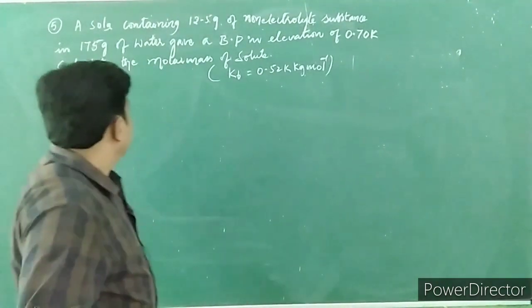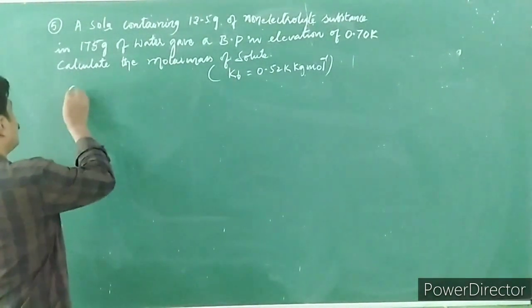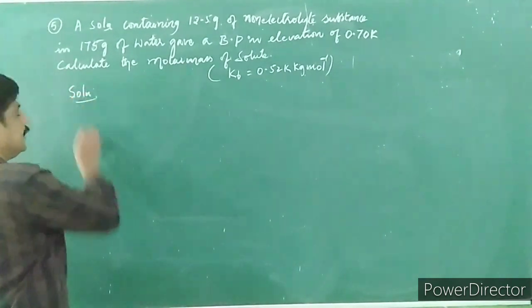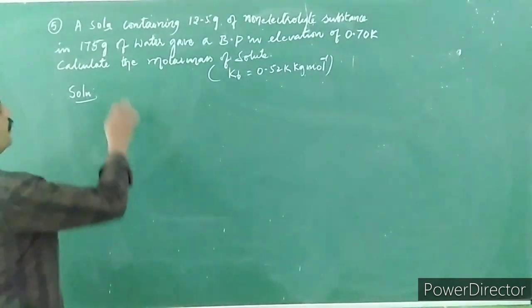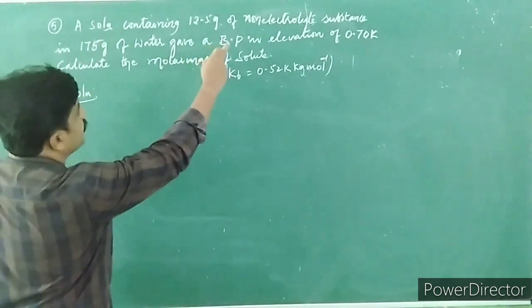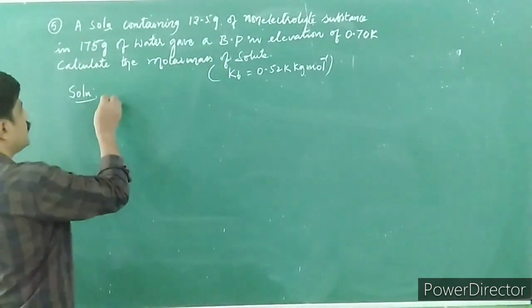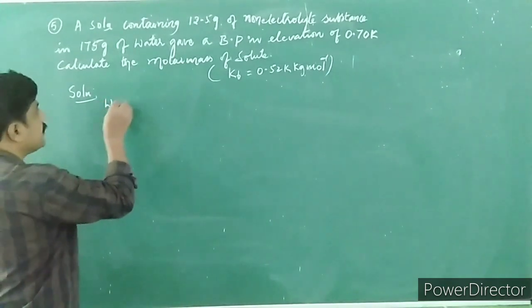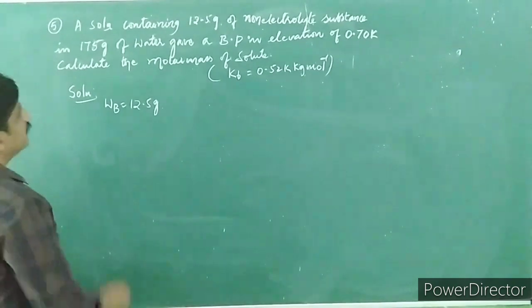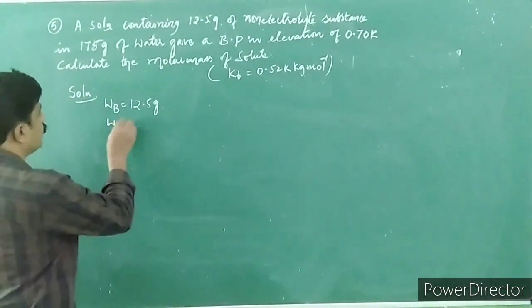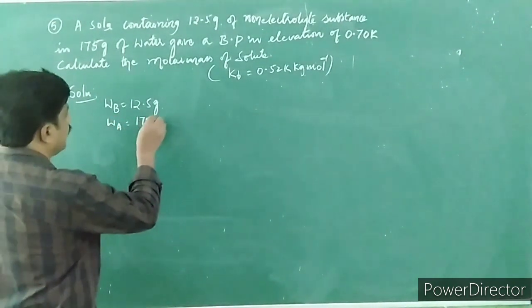Okay. Read the numerical 2 times and then list down whatever the data is given here. Let me list down. Look at here, a solution containing 12.5 grams of solute. That means WB is equal to 12.5 grams. And WA is equal to what? 175 grams.